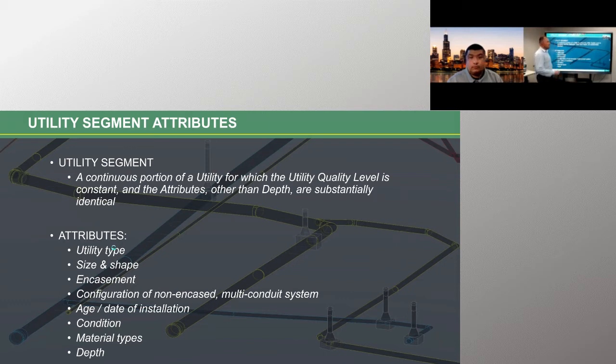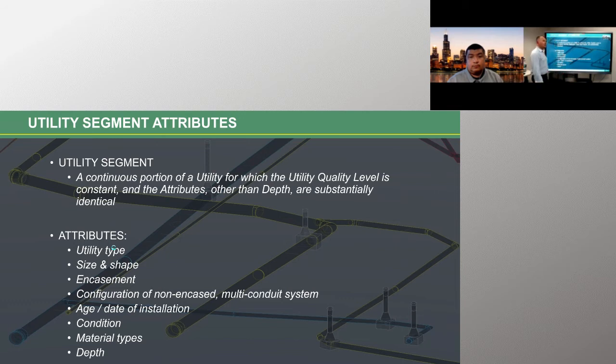Other than the depth, everything is the same as far as the attributes. And some of the attributes, I mentioned in the definition, it's a defined characteristic of a utility feature or a utility segment or a singular point on a utility feature or segment. Some of the attributes can be utility type, size and shape, encasement, configuration of non-encased multi-conduit systems, like duct banks.